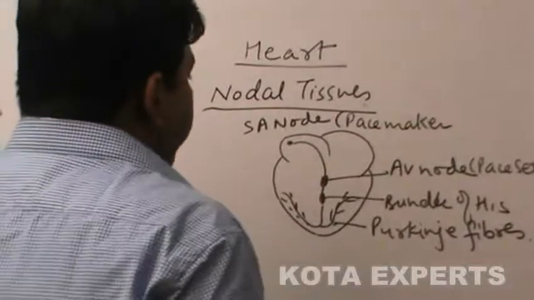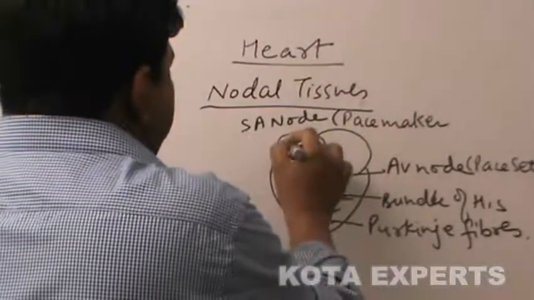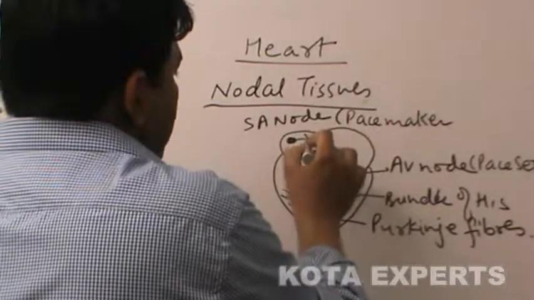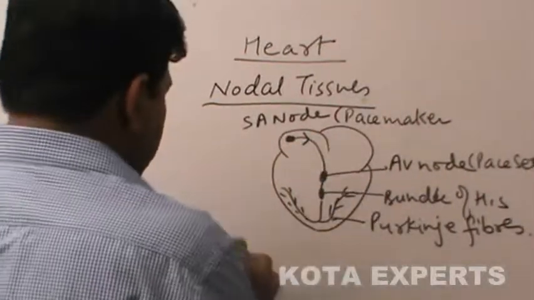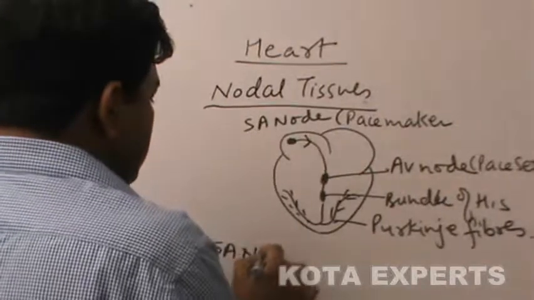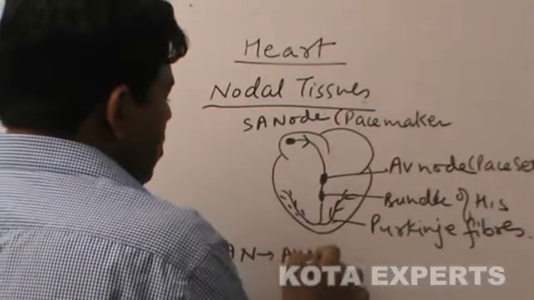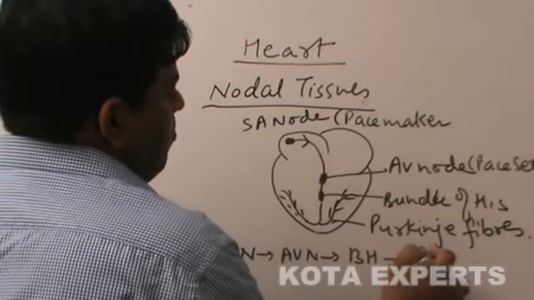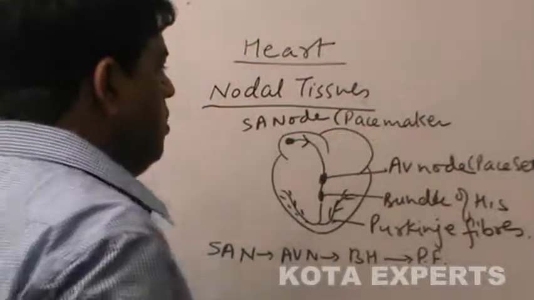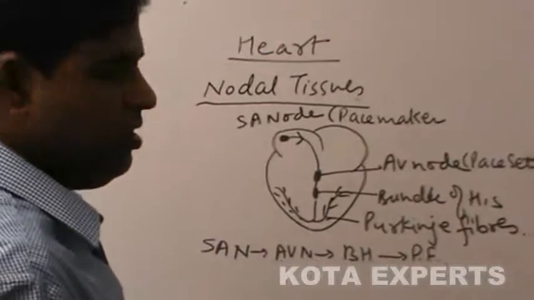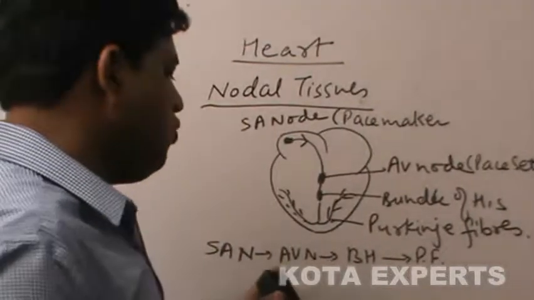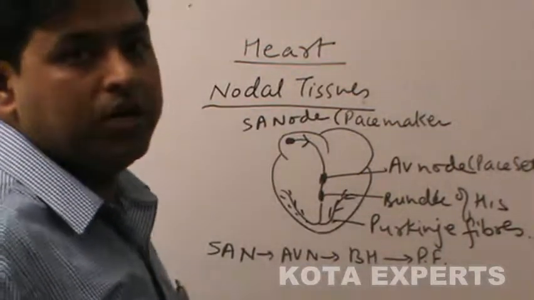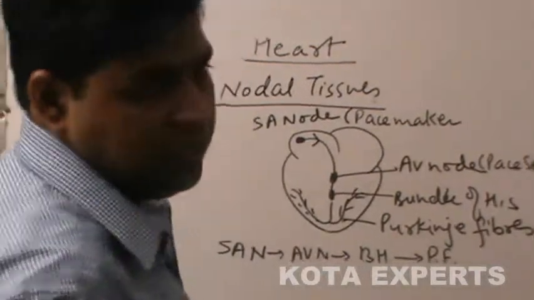So the conduction of the action potential takes place from SA node to AV node, to bundle of His, and to Purkinje fibers.